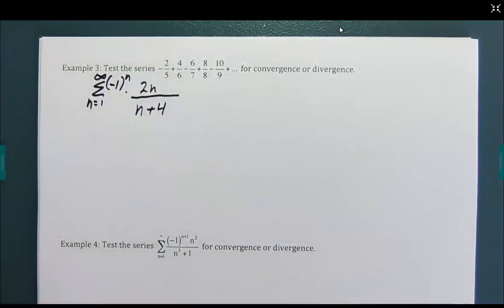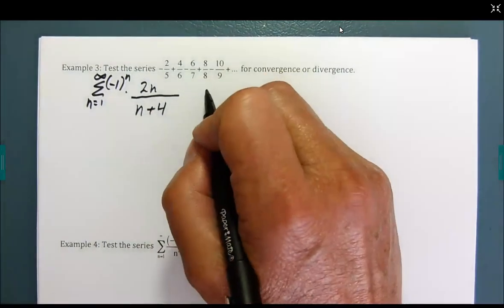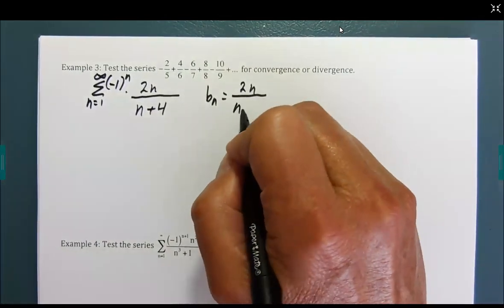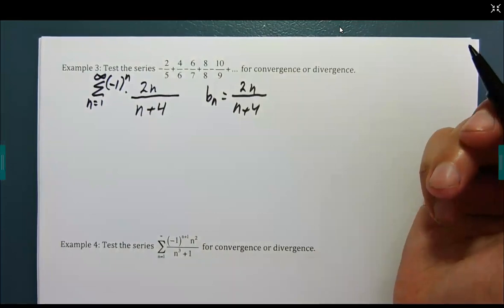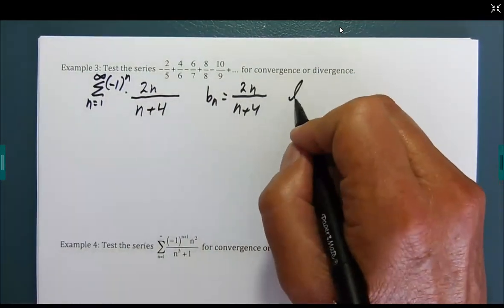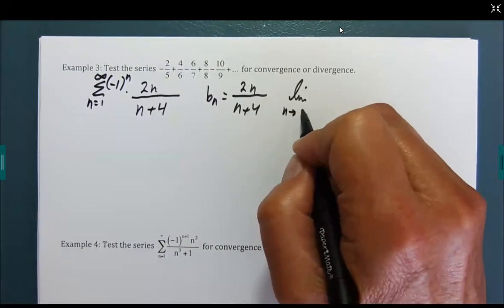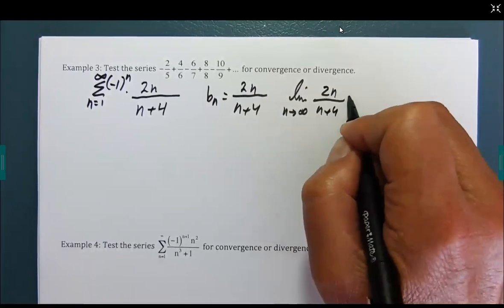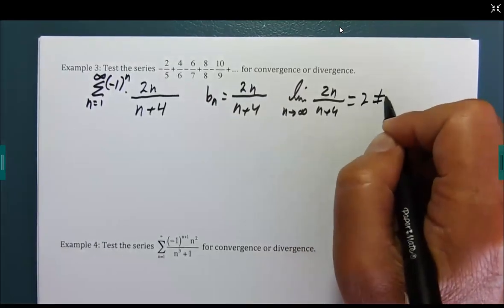So it looks like my b sub n is going to be 2n over n plus 4. And I can see that the degrees are the same in this case, and right away I can see that that limit is going to be 2. Point is, it's not 0.